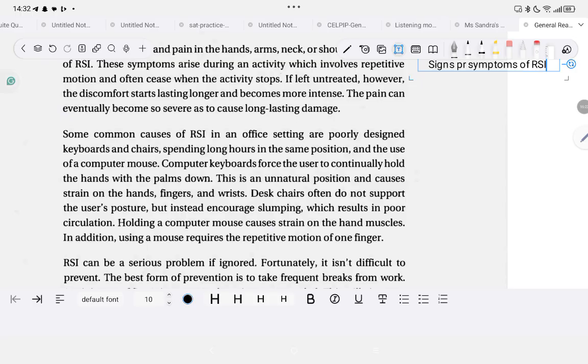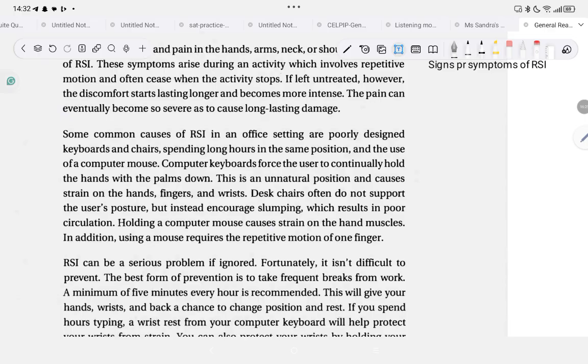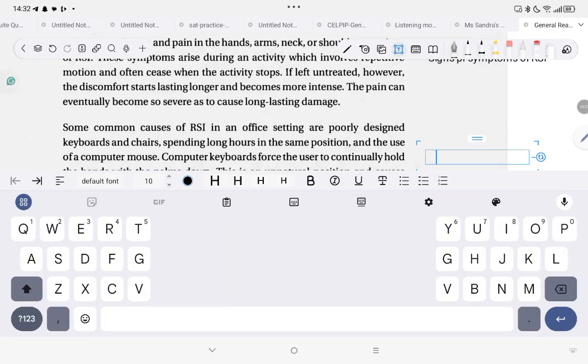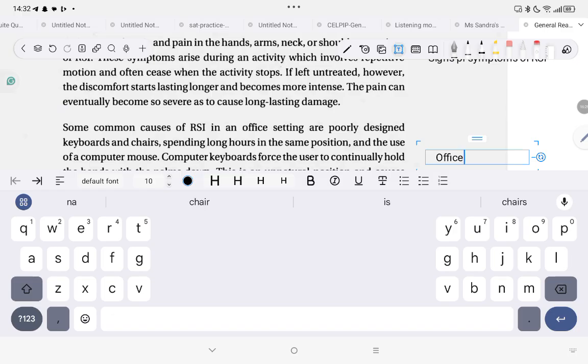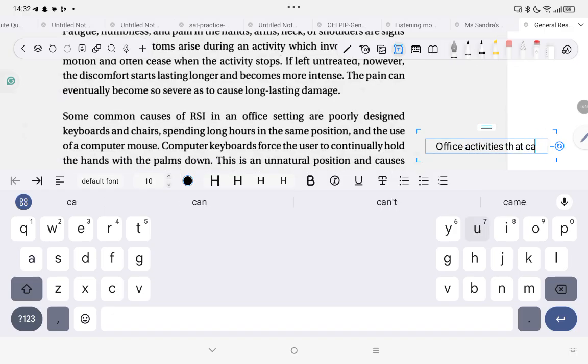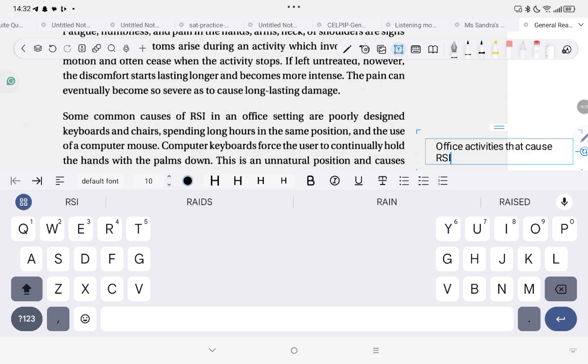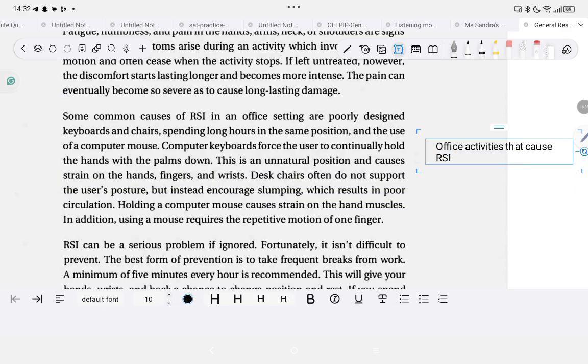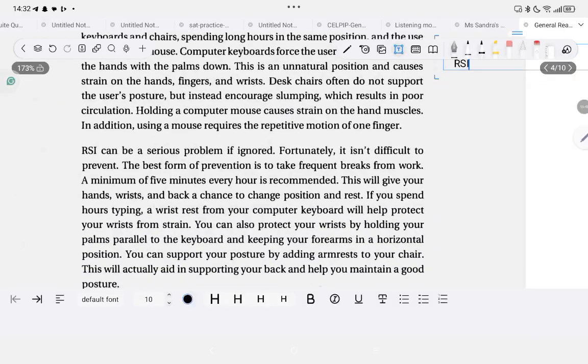So I guess this is just office activities that cause RSI. I'm saying office activities because keyboards were mentioned, mouse was mentioned. If you check, you see that your desk chair is mentioned. So office activities that cause RSI.